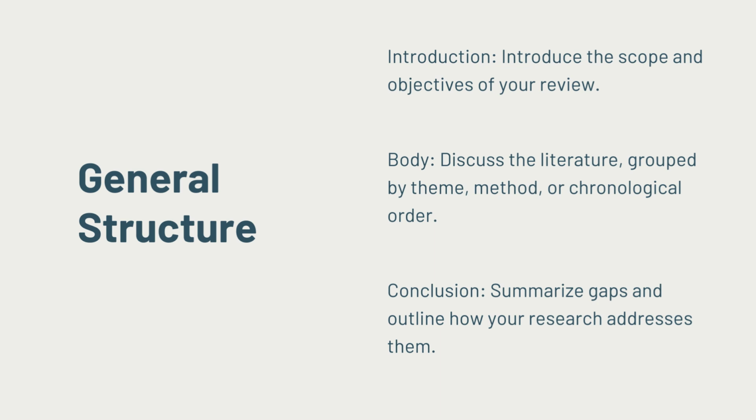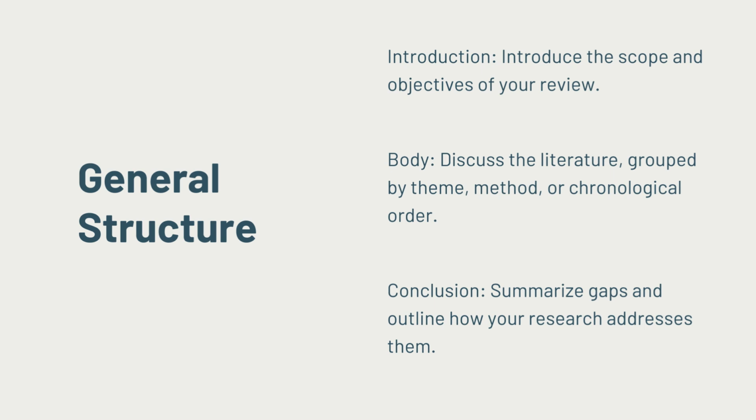literature review. Now, according to UNC's Writing Center, organizing the body thematically, okay, this means that it's according to themes, and grouping these studies by topic or theme is one of the most effective ways to write a literature review.